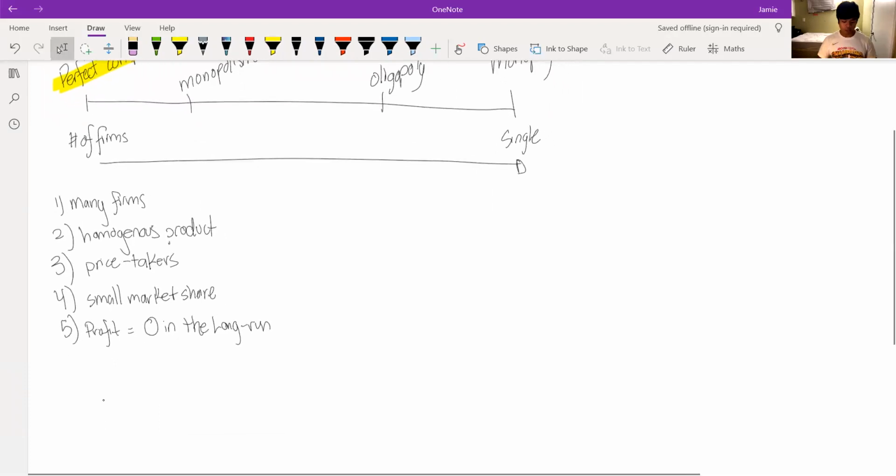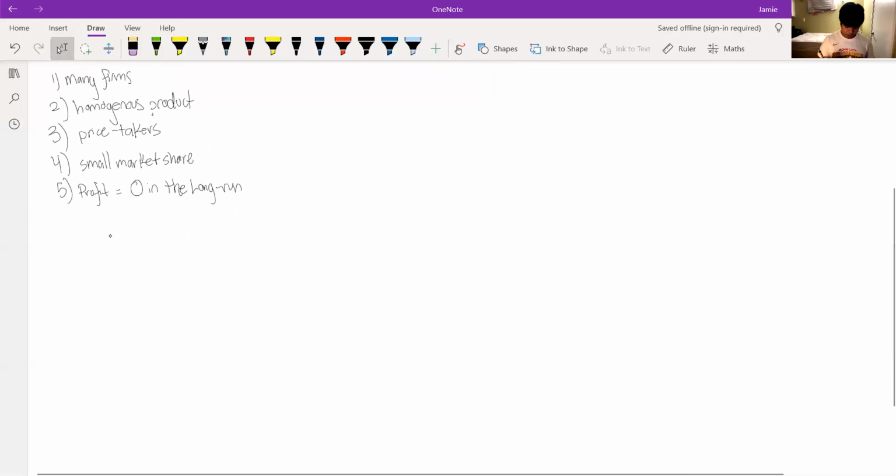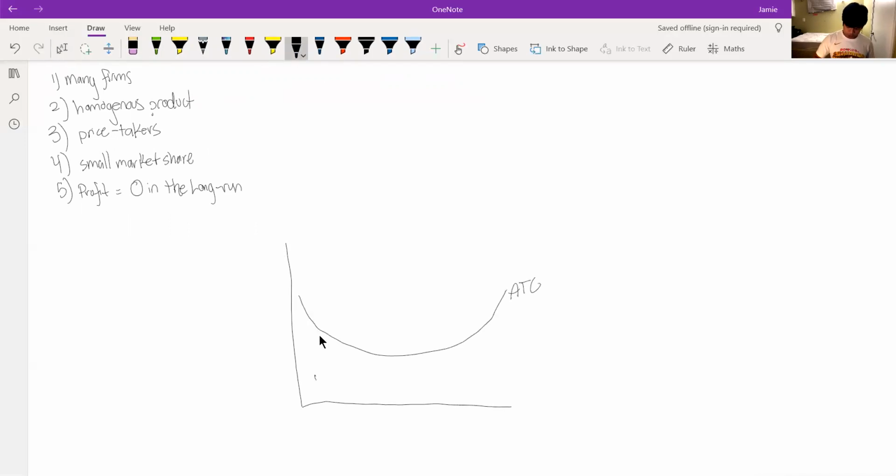Why don't we draw an example of a perfectly competitive firm? Okay, so the first starts off with, let's say, right here. Our average total cost curve as such, and marginal cost intersects the average total cost at its minimum. That is a mathematical necessity.